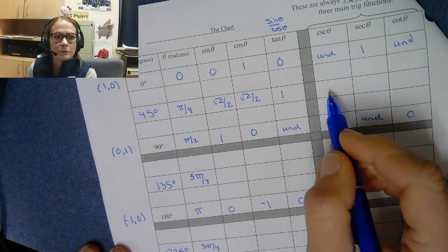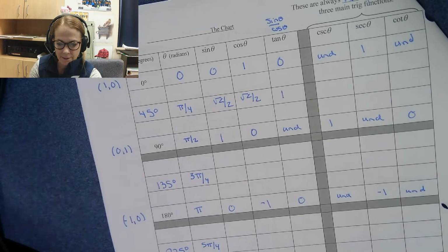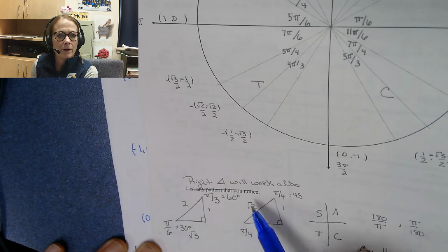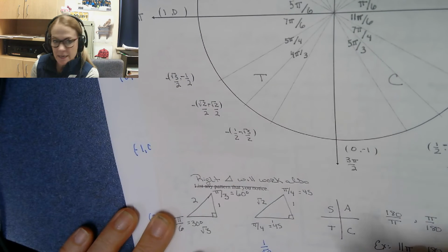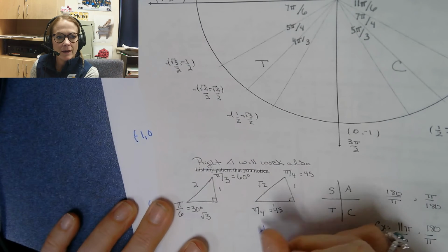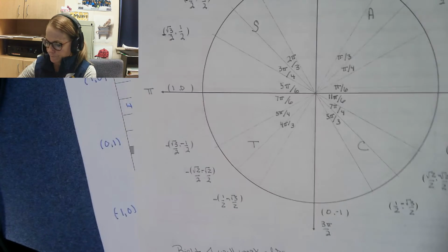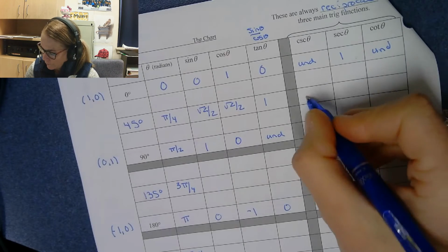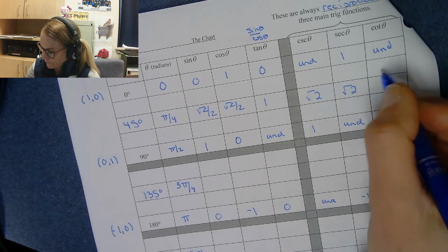This reciprocal came from 1 over root 2, pre-rationalization. The reciprocal of that would be root 2. So this is root 2, root 2, and 1.